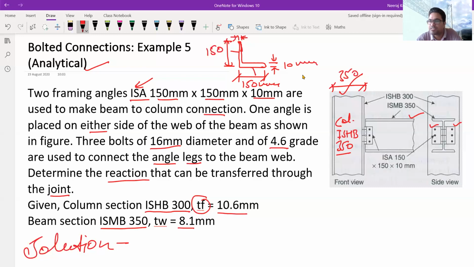ISHB means Indian Standard Heavy Beam. Similarly, the beam section will be ISMB, Indian Standard Medium Weight Beam. So for ISMB, the depth of this beam is given here as 350. So this is how all these values are given.